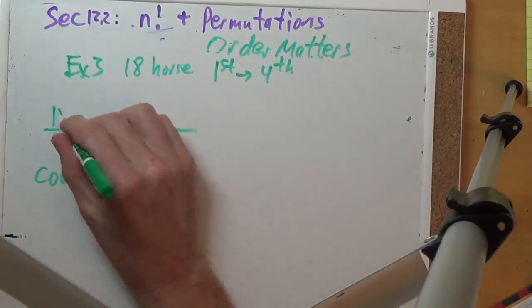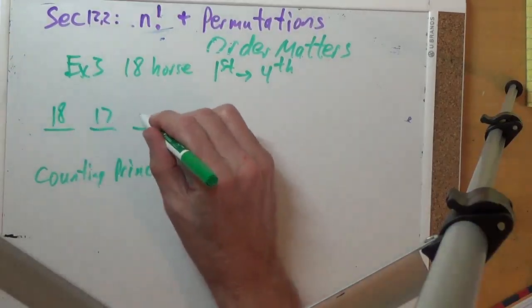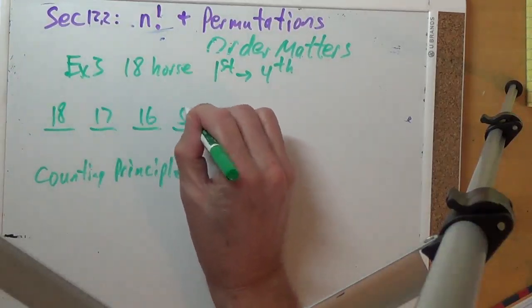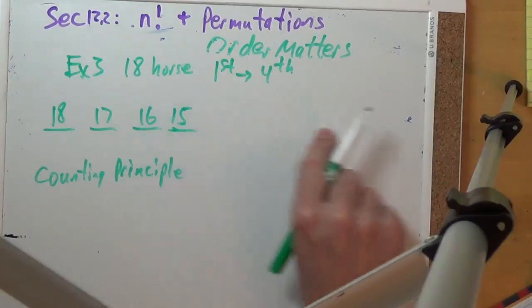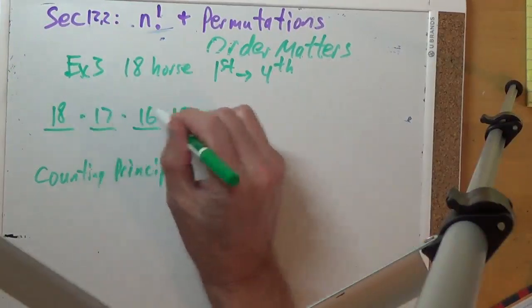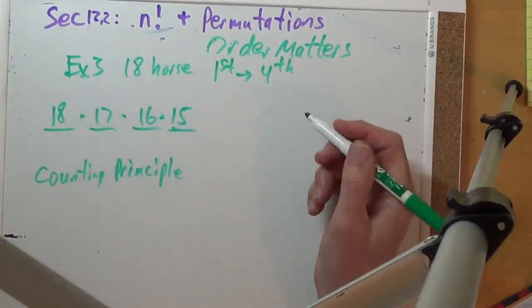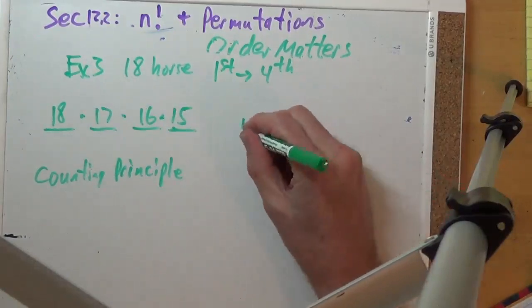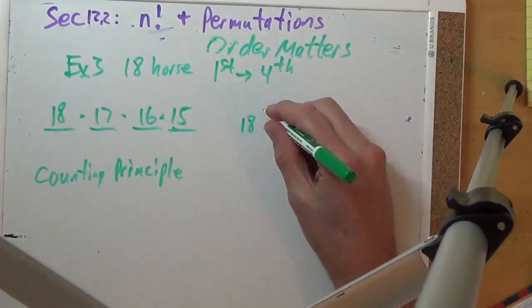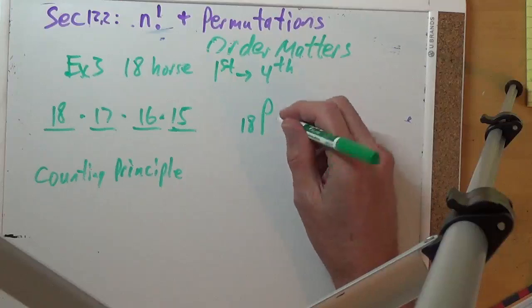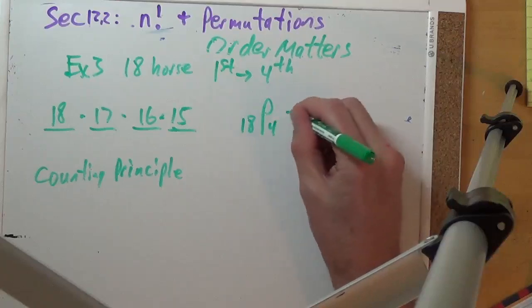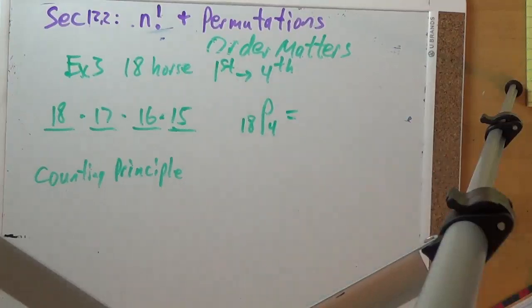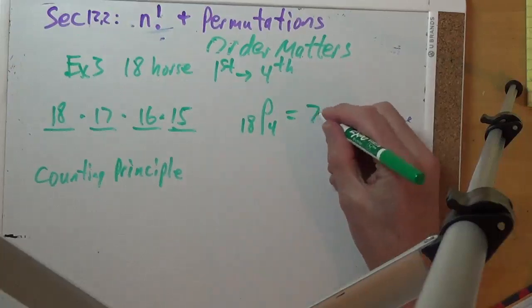Because there's 18 for first, it's without replacement. Notice we have the pattern for factorial, but we don't go all the way to 1. And I'm going to do it using nPr. There's 18. We want to know the permutations of 4 for our 4 slots. Either way you do it, you get the same answer.